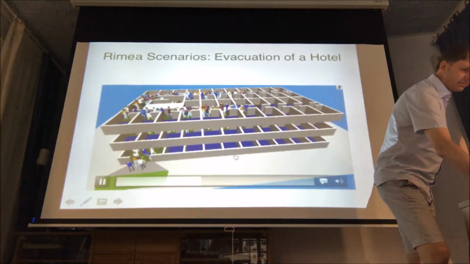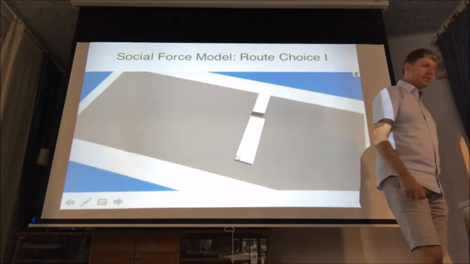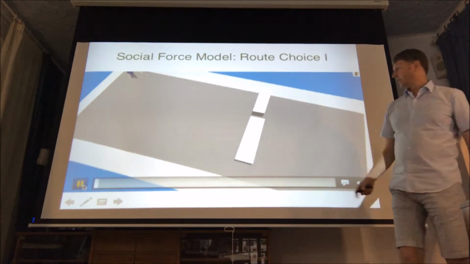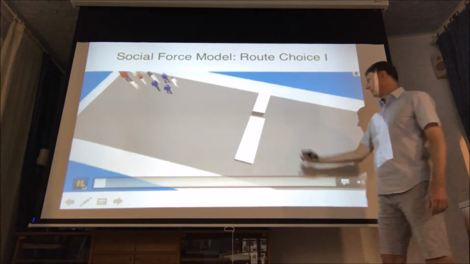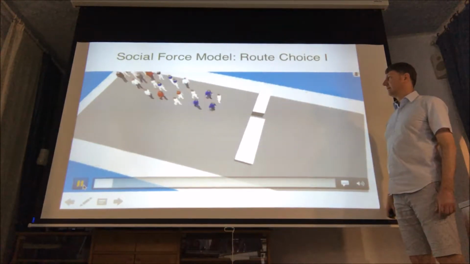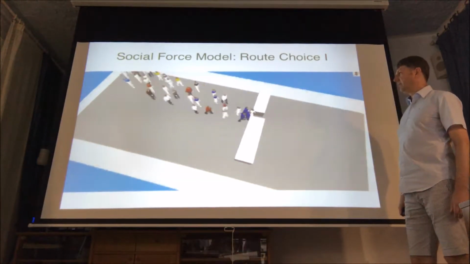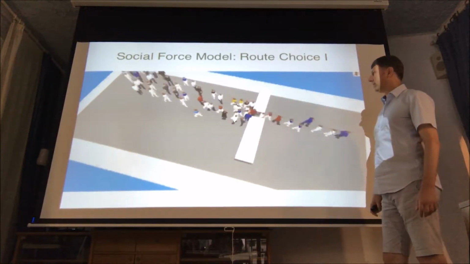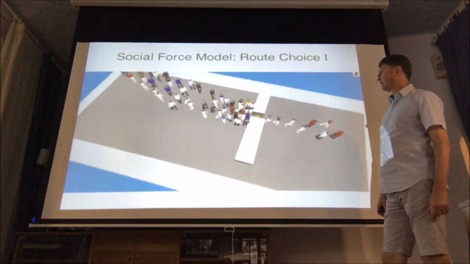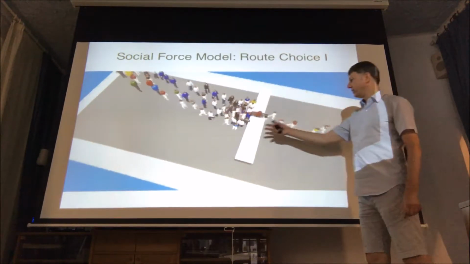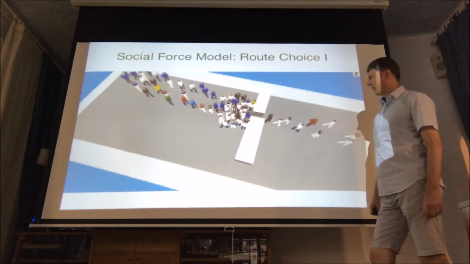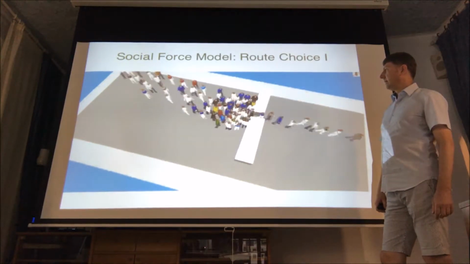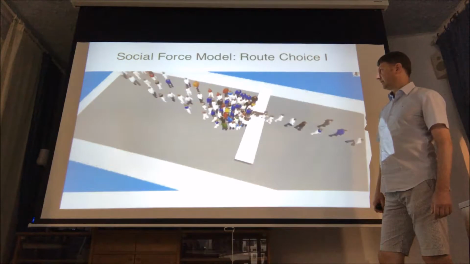And then another thing that matters is route choice. So if there are two opportunities to get to the other side, then the question is how do people behave? And we'll see over here, there's a bottleneck, so people queue up at the bottleneck. And nobody seems to notice that it would be faster actually to walk around this obstacle over there, and that's pretty unrealistic. Right?